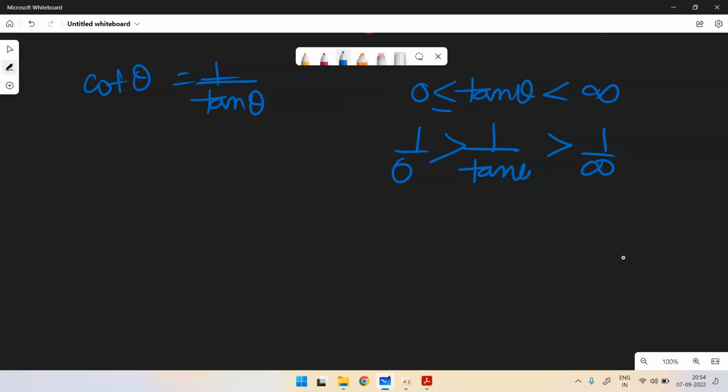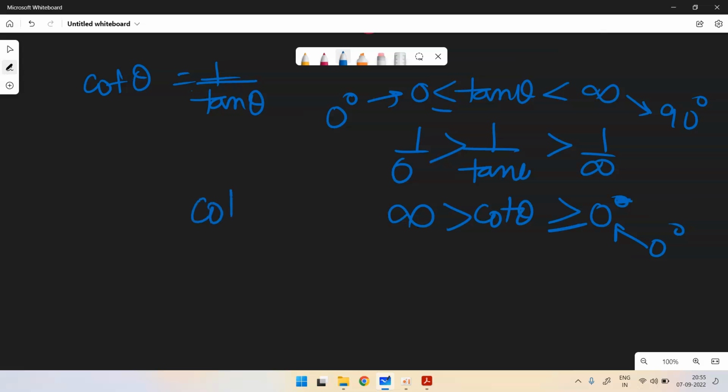Now you know that 1 by 0 is infinity, and this is for 0 degree, and this is for 90 degree. Now 1 by infinity, 1 by a very large number, is 0, so I can equate it to 0. 1 by tan theta is cot theta, and 1 by 0 is infinity.